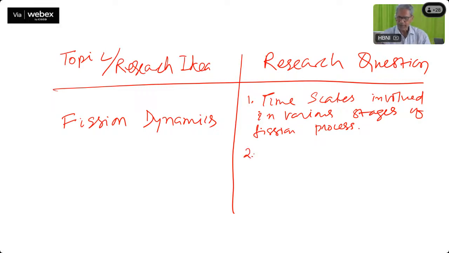Or you know that due to fission, angular momentum is generated, because in spontaneous fission, along with the neutrons, you also get a lot of gamma rays, around 10 to 12 units of gamma rays. You know, a gamma ray carries angular momentum. So how, you start with zero angular momentum, and in the final stage you have 10 to 12 units of angular momentum.